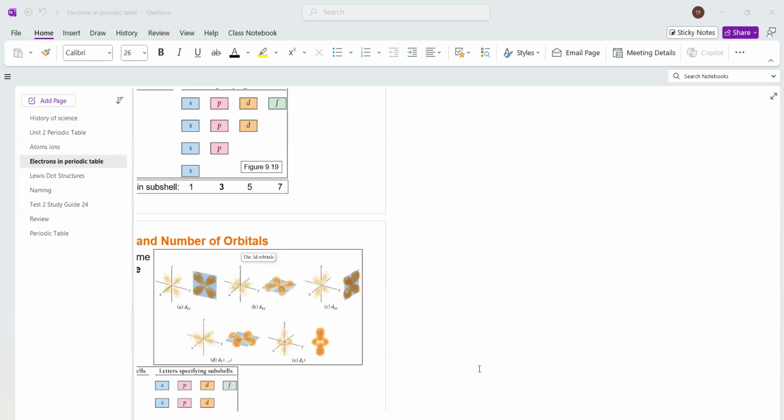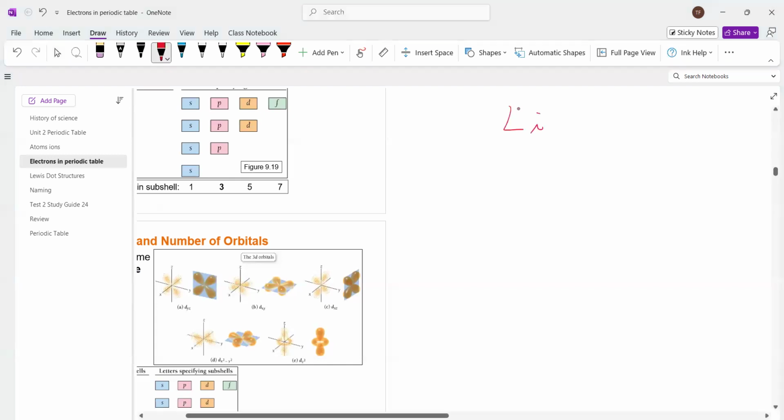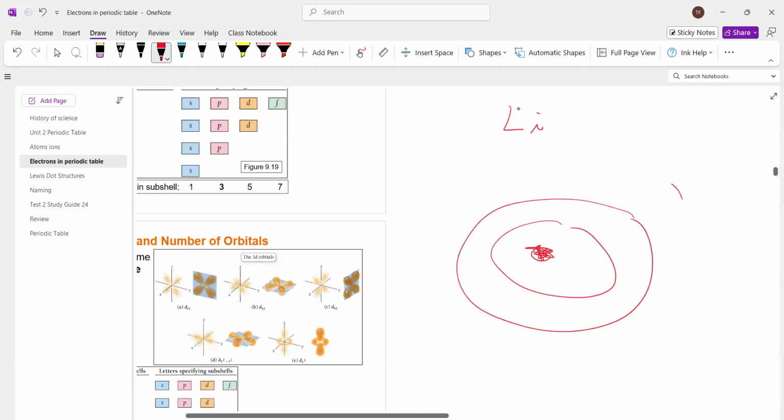Okay, I'm going to start with Bohr. Now, if you remember Bohr, Bohr said there was a nucleus and there were planetary-like orbitals around that nucleus.